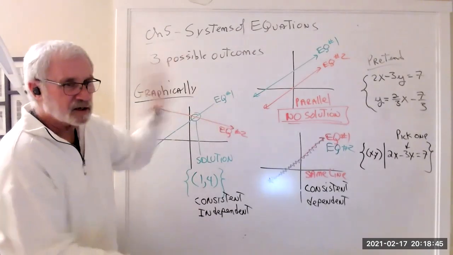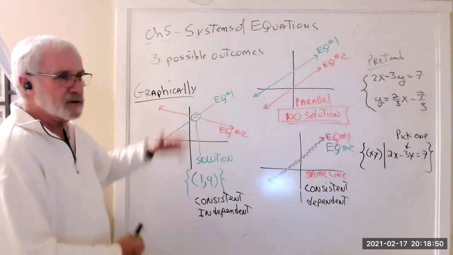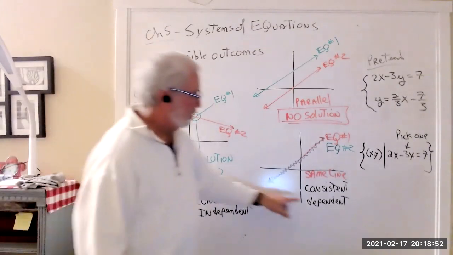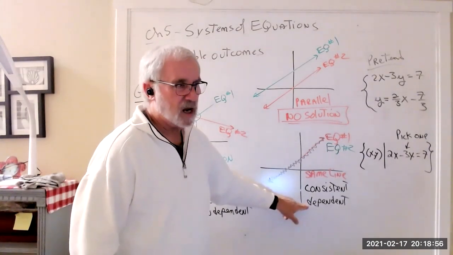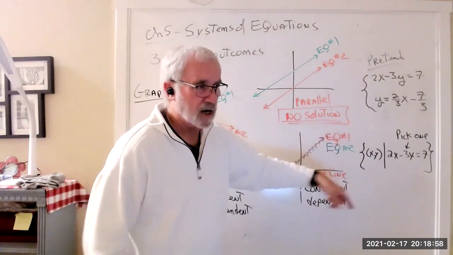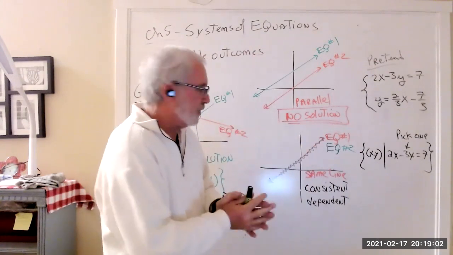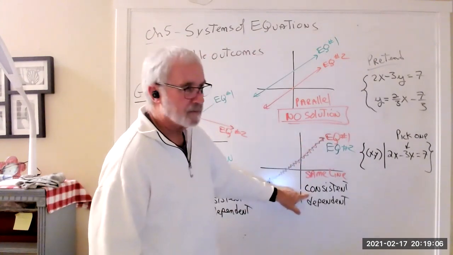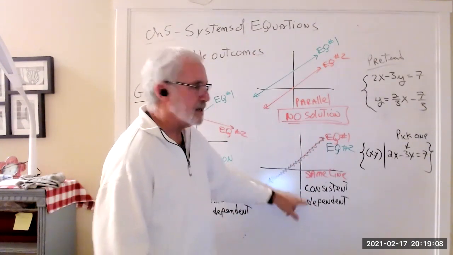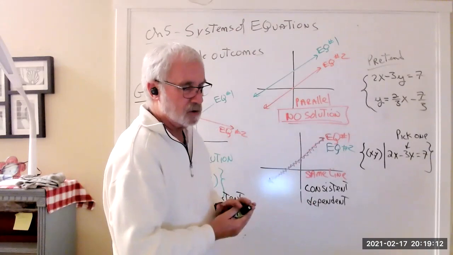They're independent of each other. They happen to cross, but other than that, they're independent. To be dependent means, hey, if you go, I'm going with you. I depend upon you. I'm going to do whatever you do. We're tied together. So this is consistent because it has an answer, but it's called dependent because they go together. They depend upon each other.